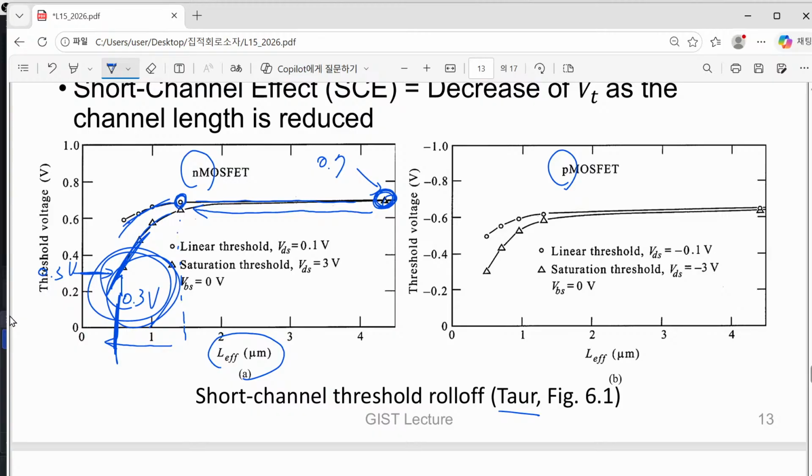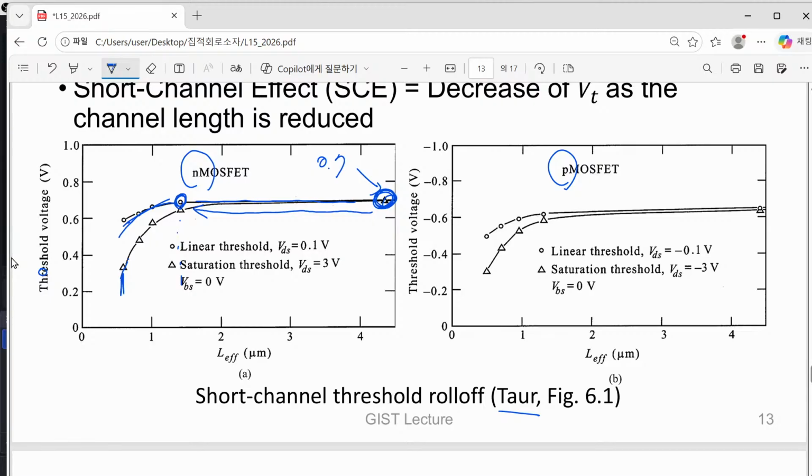But problem is, always we have to consider certain limitation of our manufacturing capability. Although we are trying to draw it, but due to certain malfunction of our manufacturing facility, then we can have slightly longer or slightly shorter device, although we did not intentionally introduce this channel length variation.